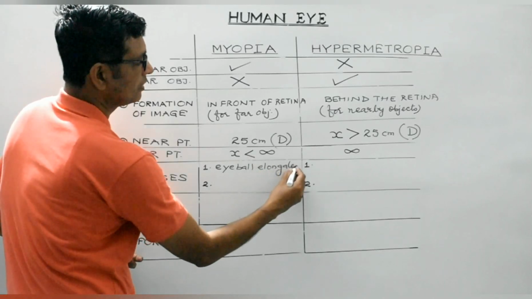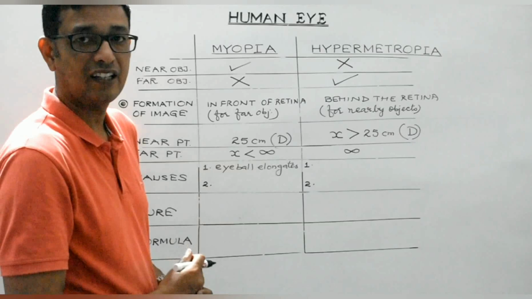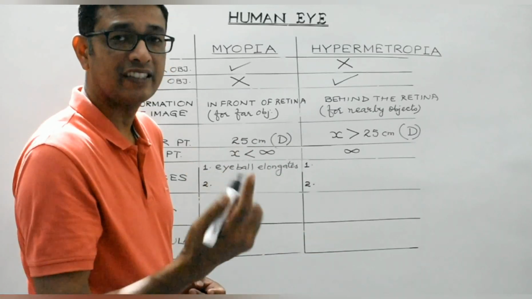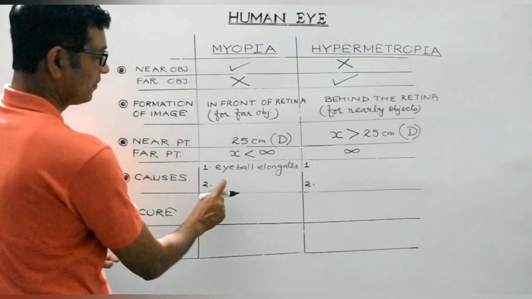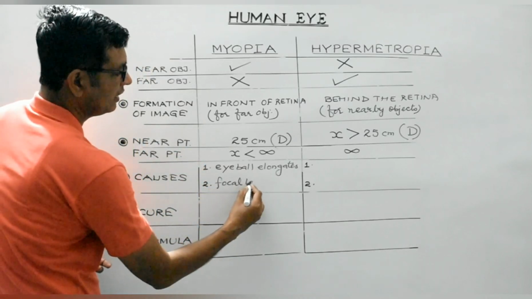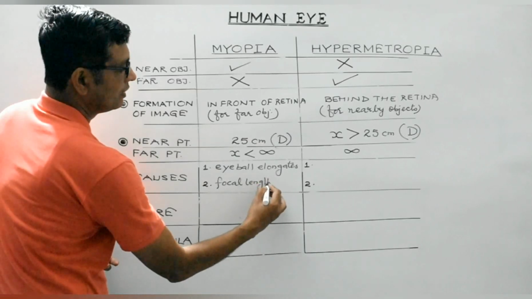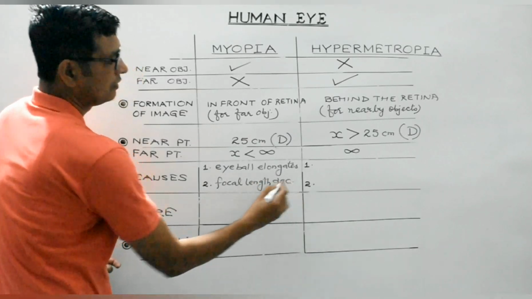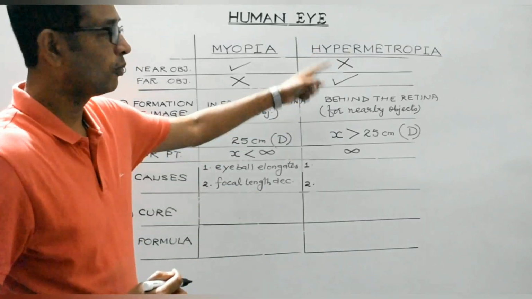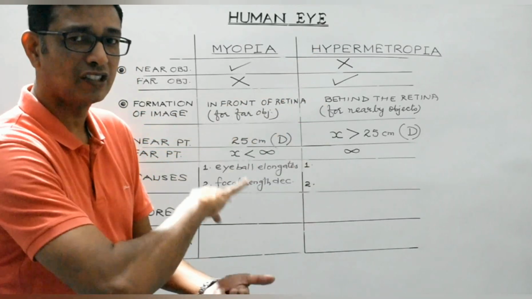That is, the distance between the eye lens and the retina must be greater than the normal distance. And what was the second reason, students? The focal length of the eye lens decreases. These can be the two causes. What about hypermetropia? Just the reverse.